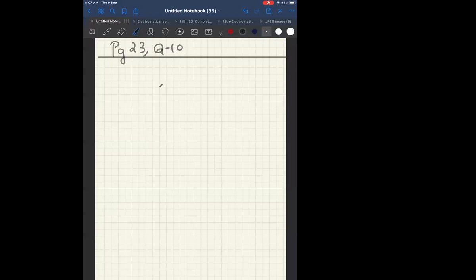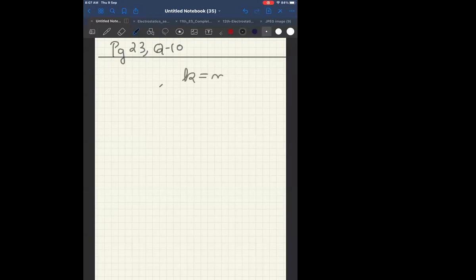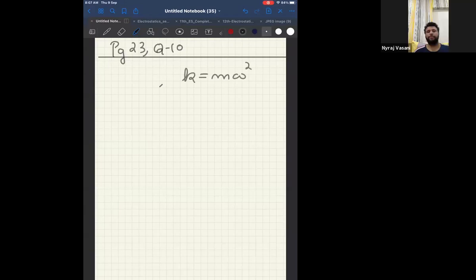So what is force constant? K. From restoring force, we have F is equal to minus Kx.